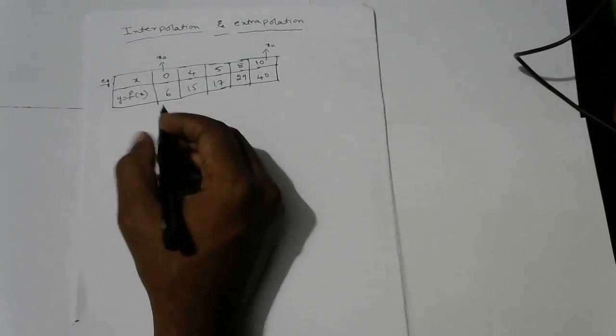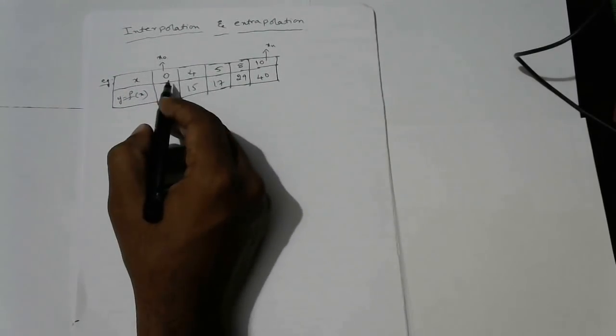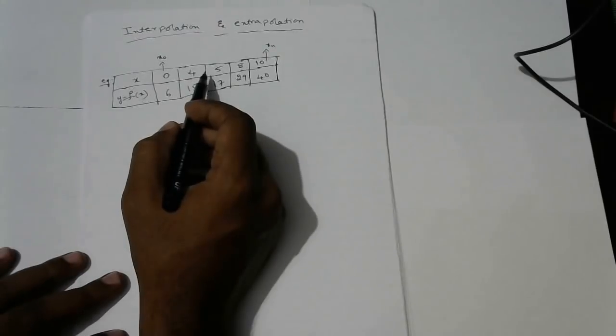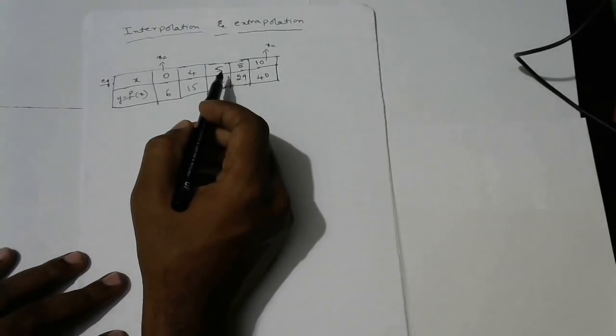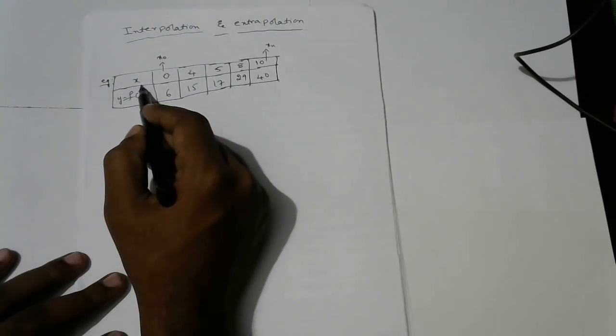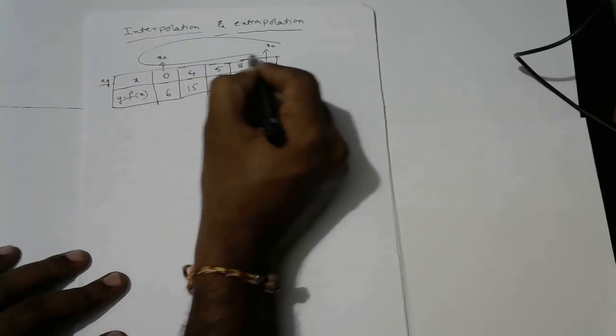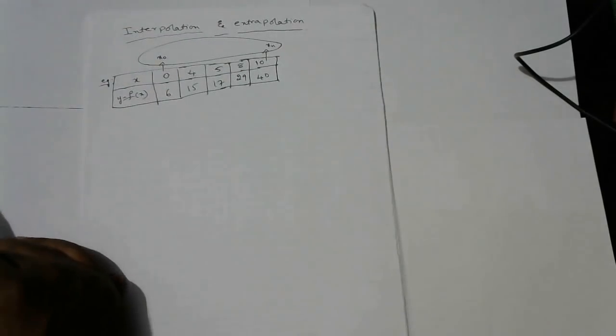Now what does interpolation mean? Here it is the process of finding the values of y for any values of x between x naught and xn.